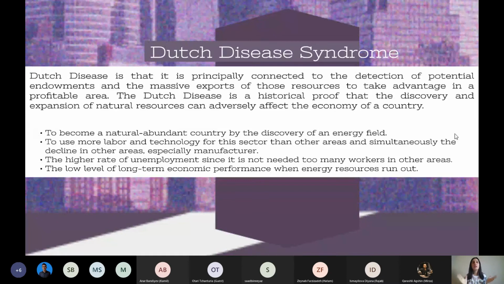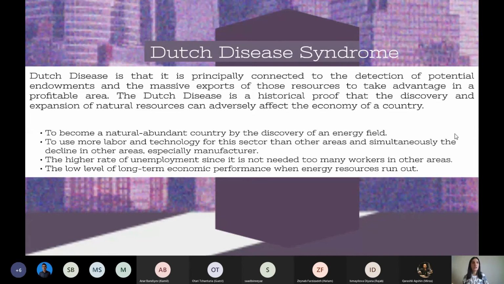But the Netherlands survived Dutch disease. Yeah, it took more than 20 years for the Netherlands, but the Netherlands then started paying attention to other sectors, and you know, the Netherlands is one of the developed countries today.